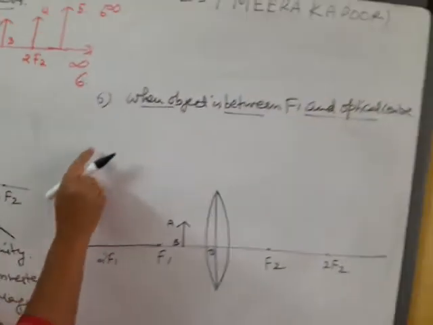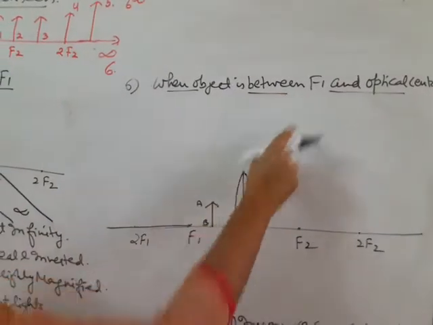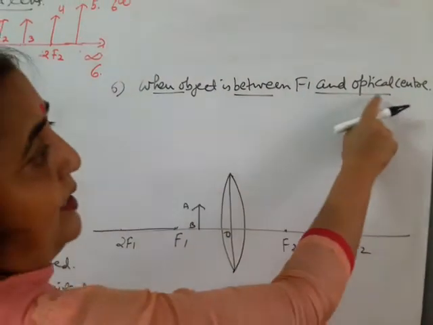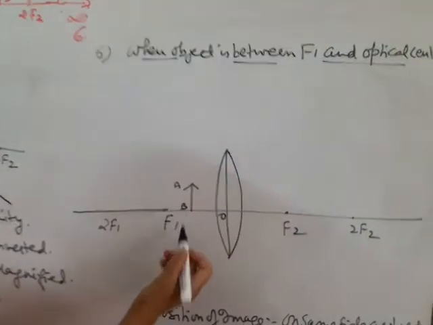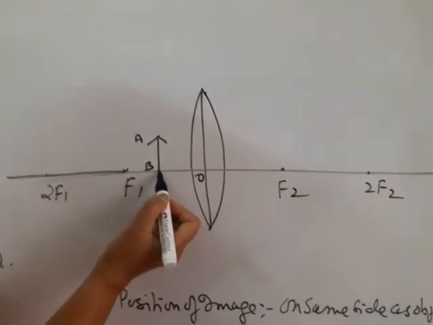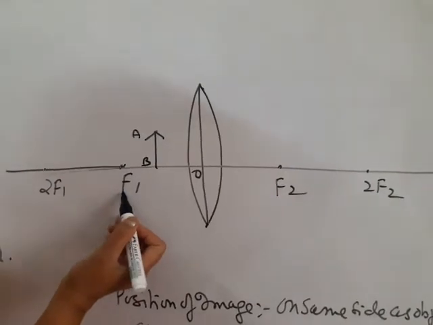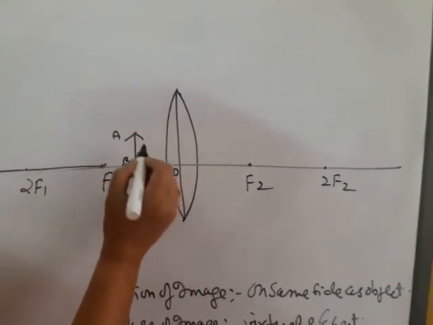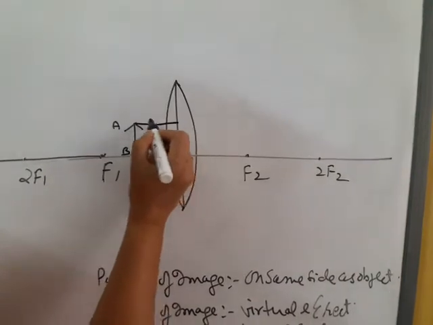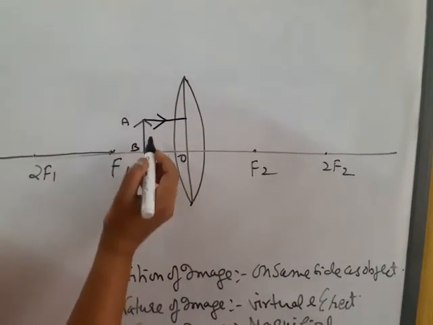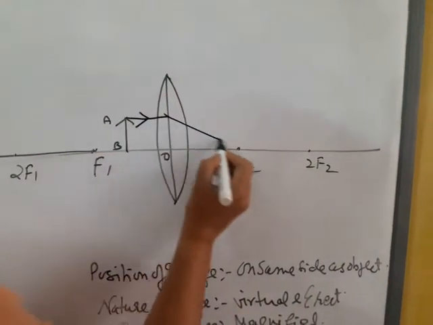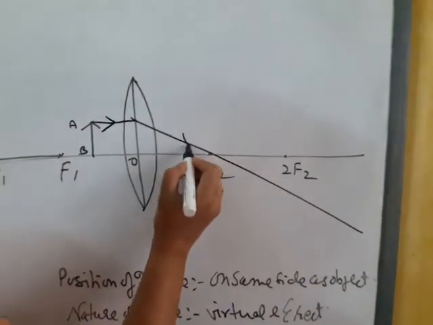Sixth position is when object is between F1 and optical center. So let's keep an object AB between optical center and F1. Again, apply the rules. First ray parallel to the principal axis passes through focus.